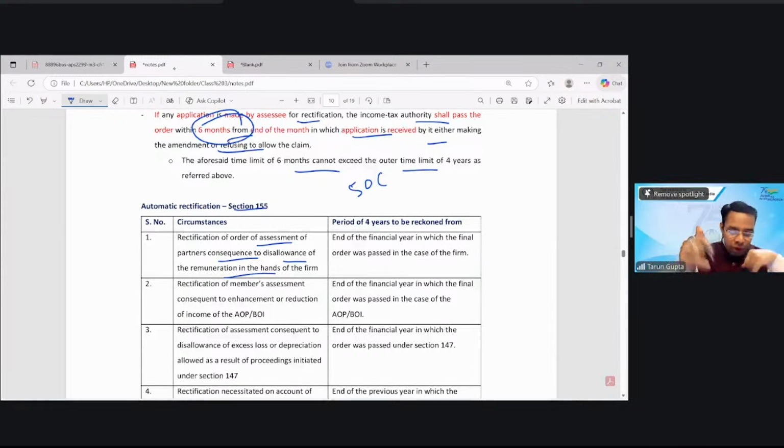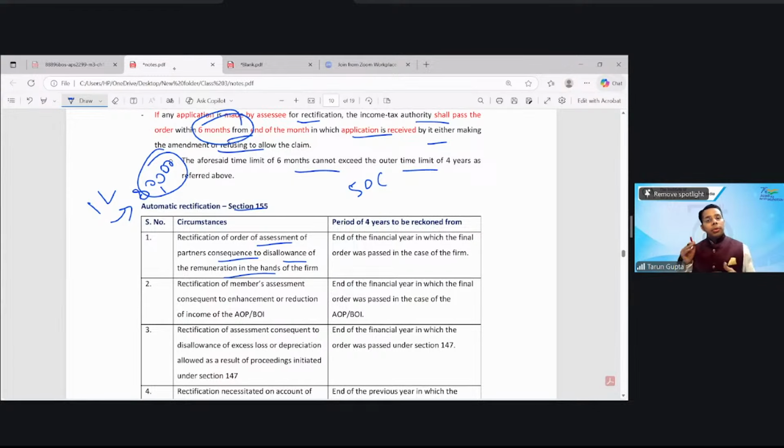If the firm pays a remuneration of say rupees 1 lakh to the partner, and the allowance in respect of this remuneration in the hands of the firm is only rupees 80,000, then only 80,000 is taxable in the hands of the partner. This 20,000 is disallowed in the hands of the firm, and the firm is paying tax on this 20,000. Okay.